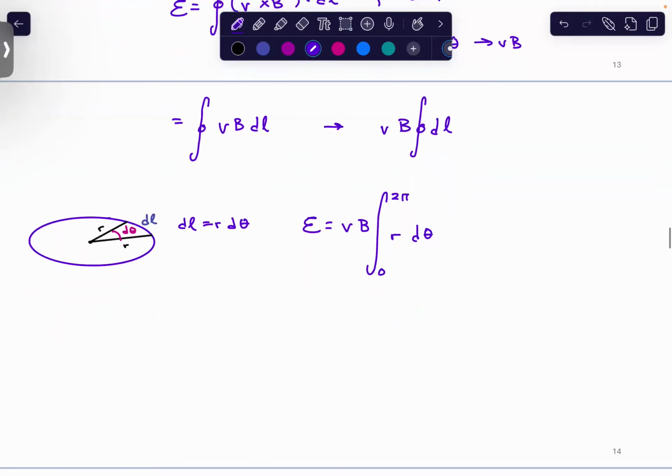Well, we know we can pull R straight out because it's now a constant, which 2 pi r is going to give us a circumference. So in a general term, that's going to come out to be the length of the entire path.